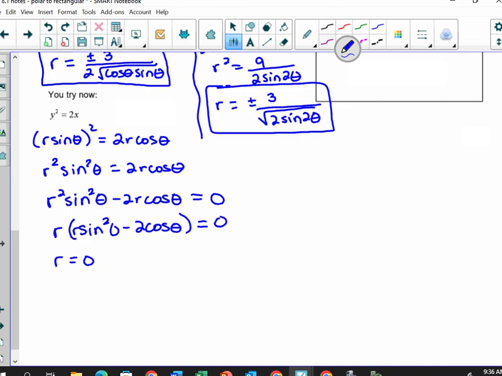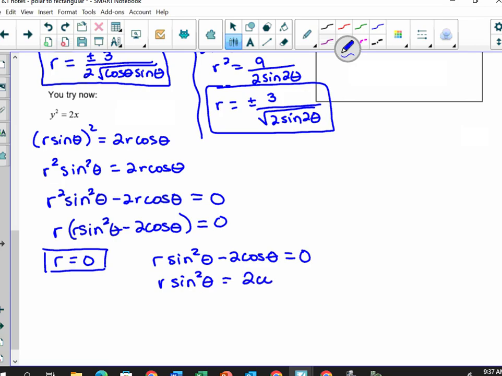So I should get r equals 0, and then you get this lovely 2 cosine theta over sine squared theta, which you could do other things with, like 2 cotangent times cosecant.